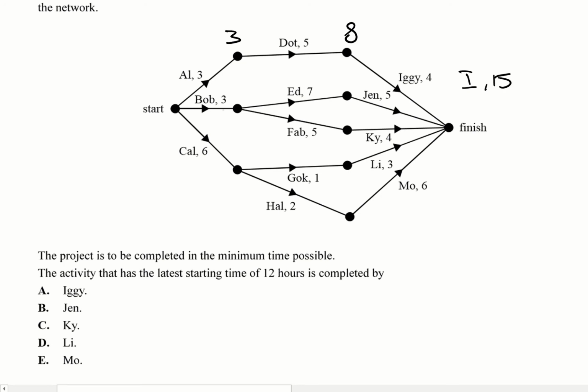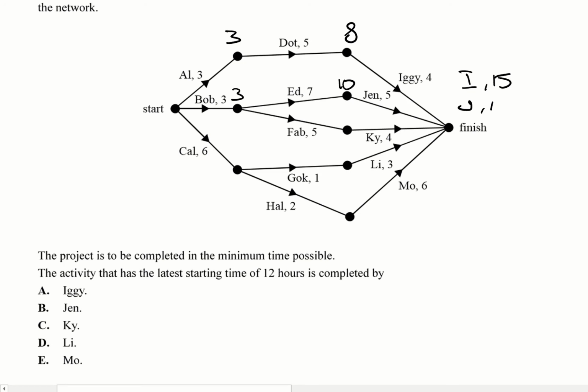What about this one here? So Bob's going to be 3. I normally would do it differently, but I'm just getting the key points here. 10. So coming in here for Jen, I'll have 15 again. No, I can't count, can I? Because that's not 15, that's 18. Oops. No, it's 15.